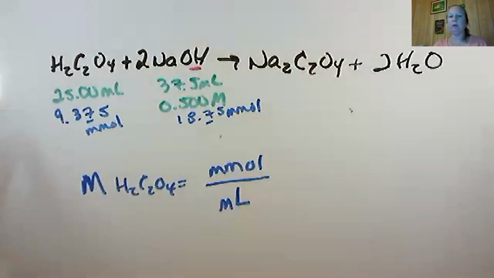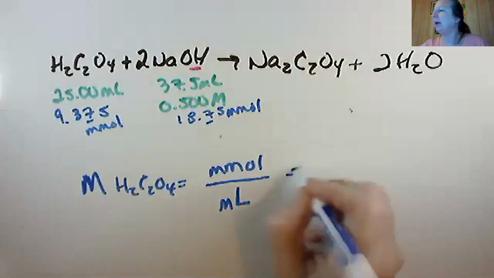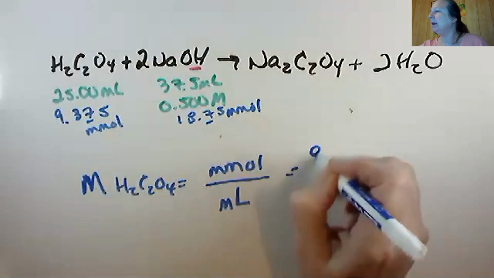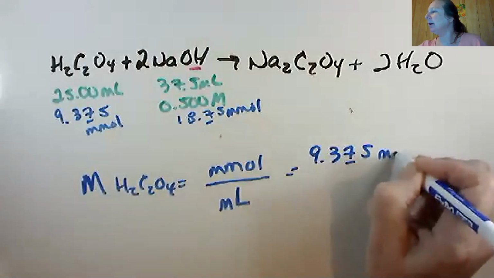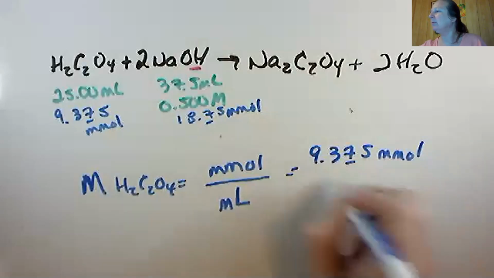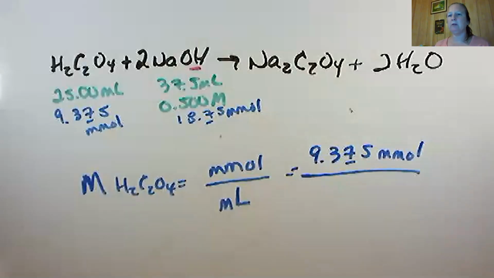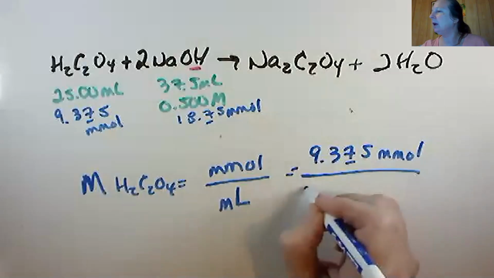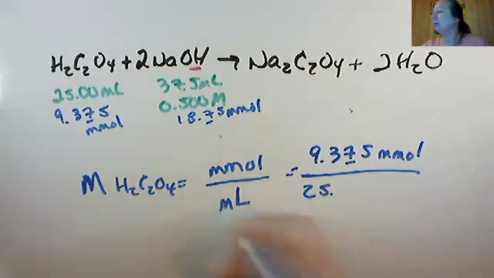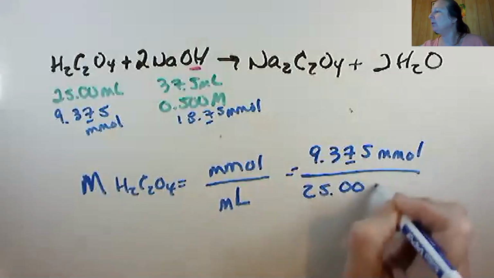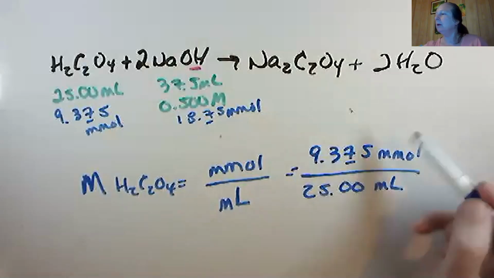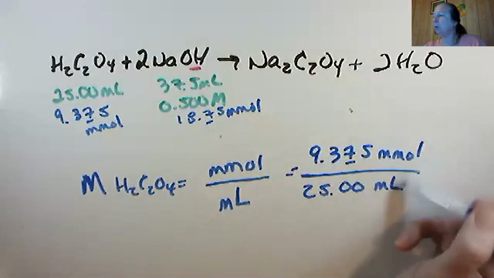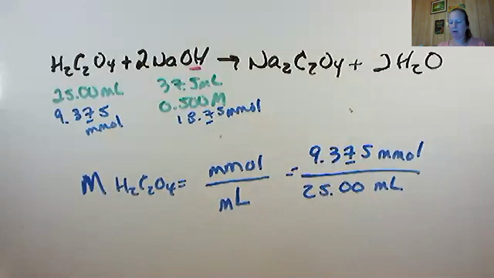So I'll go up here to the numbers that I have. What do I have? I calculated that I consumed all of the acid in that beaker, and it was 9.375 millimoles. I've underlined the 7 to let me know there's 3 sig figs. And my volume was 25.00 milliliters. This is equivalent to moles over liter because I can cancel my milli out.